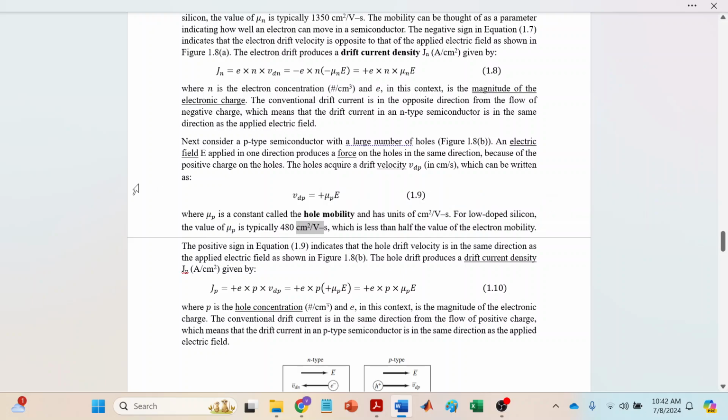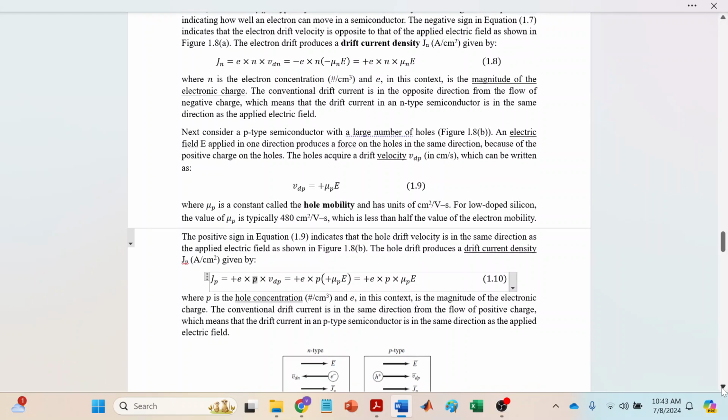So getting the current density from the velocity, we introduce these two constants, where e is the value of the electronic charge, and p is the hole concentration. Then we are able to arrive at the hole current density.